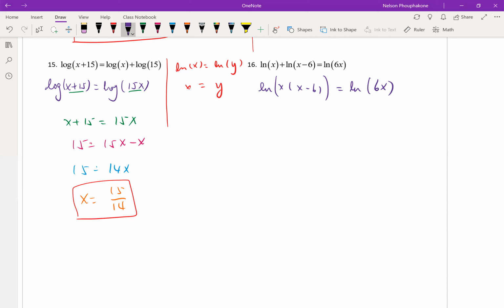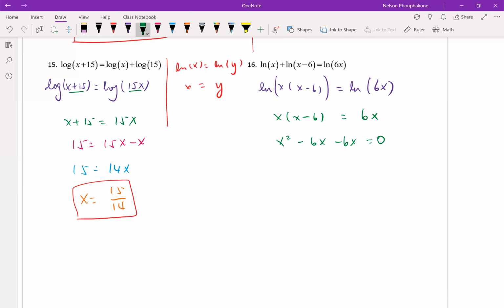Okay, so I combine the log, and then now I have x times x plus 6 is equal to 6x now. Okay. Then I will have x squared plus 6x minus 6x is, oh, my bad, this is minus sign.